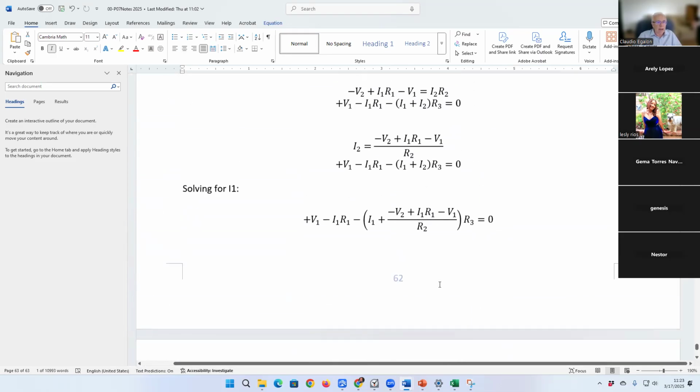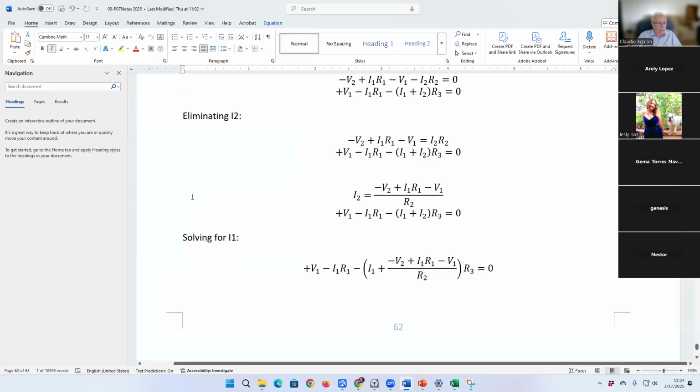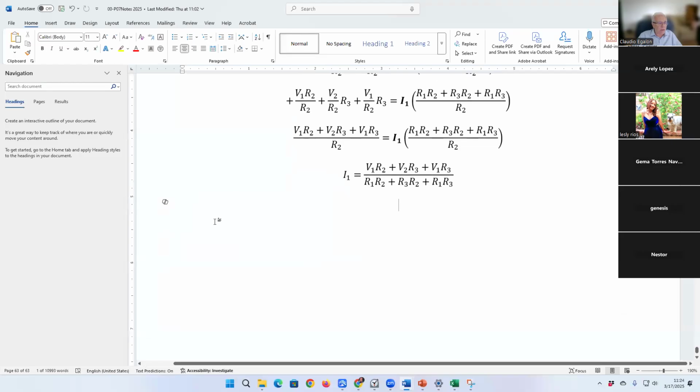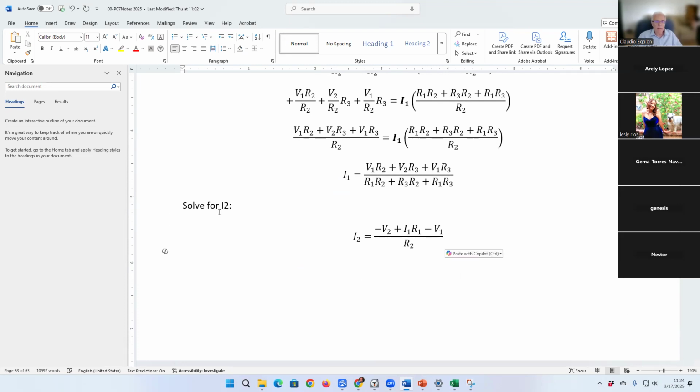I1, well, we want to find I2. Where is I2? That's I2. So for I2, we place I1 right in here. It's going to be a big thing, right?